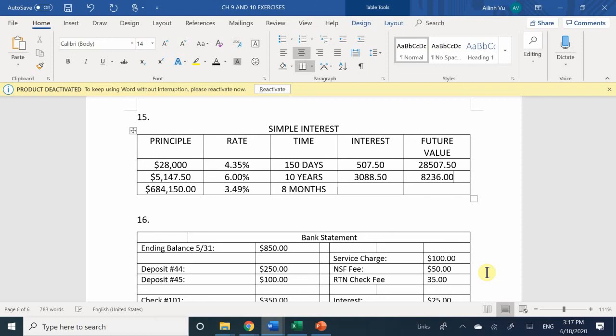Is that 8,236? Yes, that's correct. Oh, okay. All right, so the principal times the rate times time is the interest, and then the interest plus the principal is the future value. Okay, gotcha.